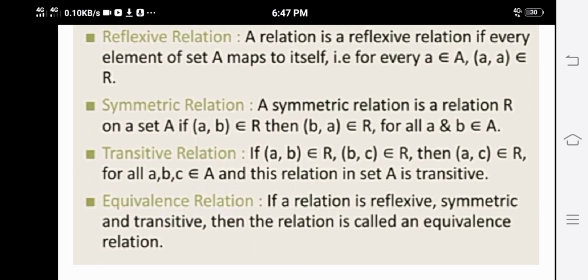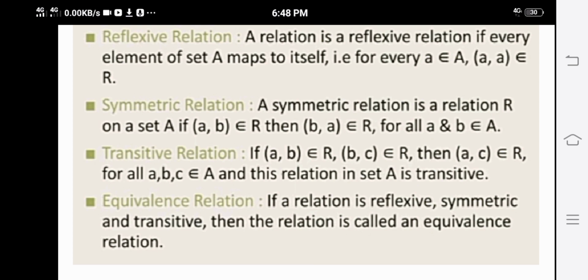Next, we have also reflexive relation. When we say reflexive relation, it is a reflexive relation if every element of set A maps to itself. Example, for every A that is an element of A, the ordered pair A, A is also an element of R. Symmetric relation.